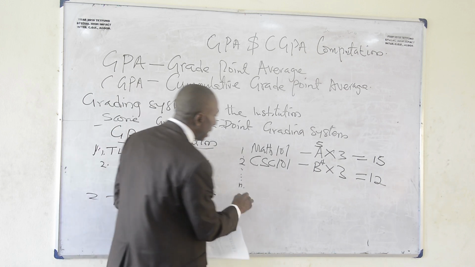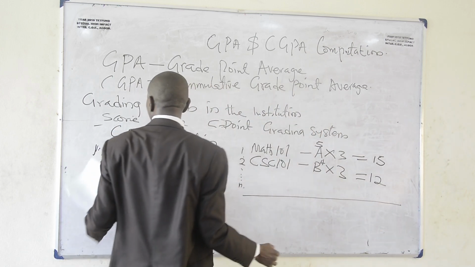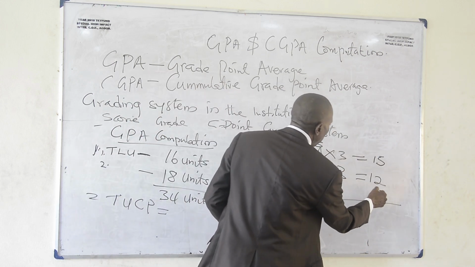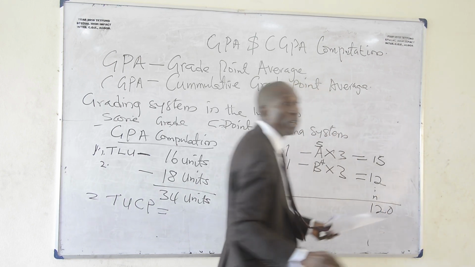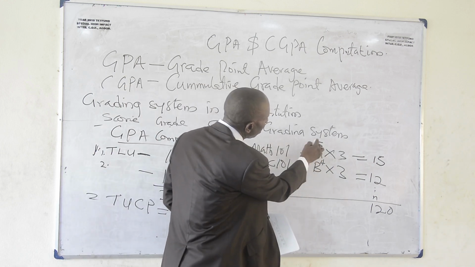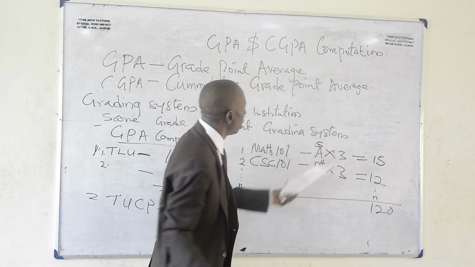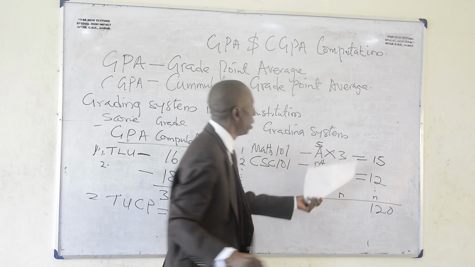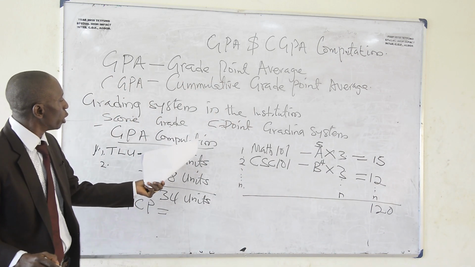And then, at the end of the day, you will add up your total unit credit points. Let's say you add up and it gives you 120, for instance. And then you add up the units attached to the courses.